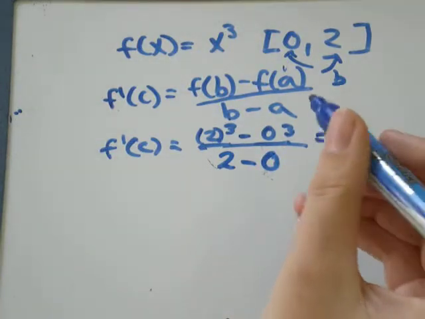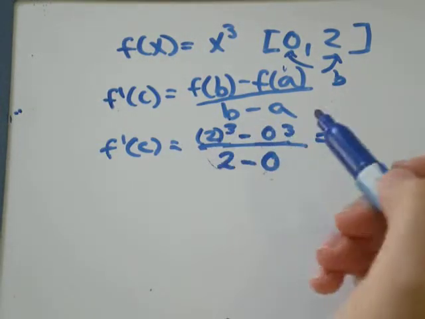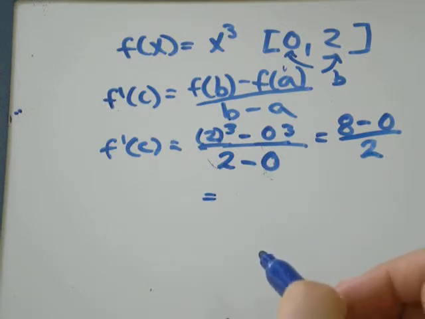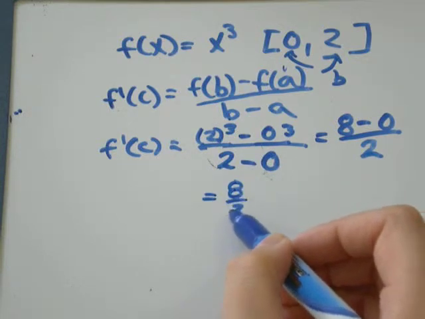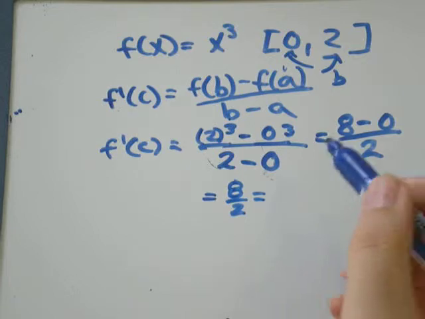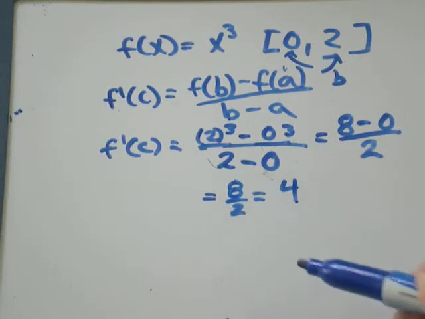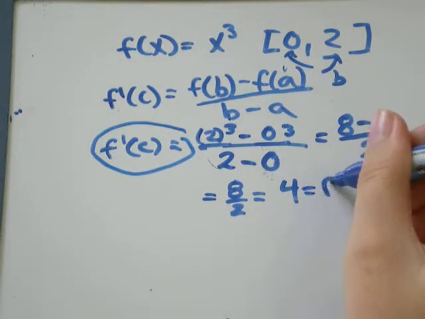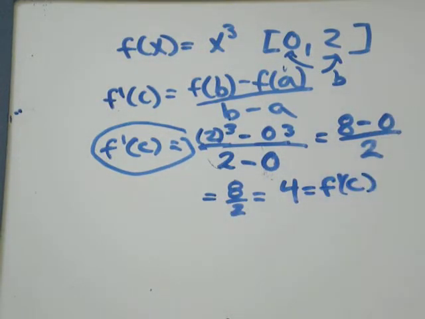If we simplify that a little bit, 2 cubed is 2 times 2 times 2, which is 8. Minus 0 cubed is 0 times 0 times 0, which is 0, over 2 minus 0, which is 2. 8 minus 0 is 8, so 8 over 2 is just 4, because 8 divided by 2 is 4. So we've found that f prime of c is equal to 4. So the slope of the tangent line at point c equals 4.